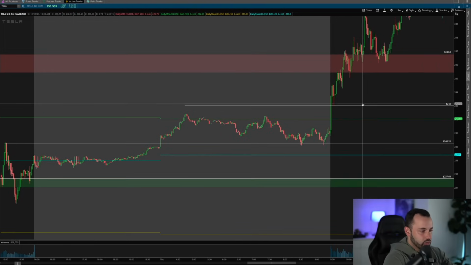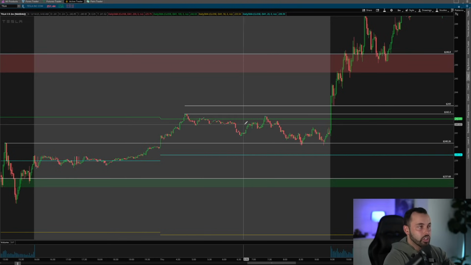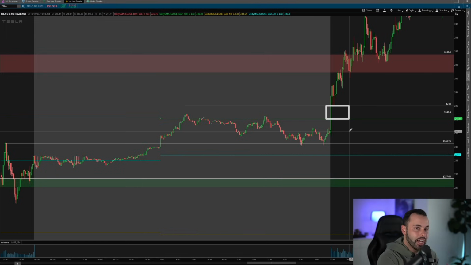Because I knew I had the 243 demand hold that was coming in. I knew I had the pre-market highs a little bit lower that were still there as a potential long. And on top of that, I knew there was the 100 SMA below as well. So I knew that this whole area could be an area that I could look to long Tesla if it pulled back after my original entry, right?